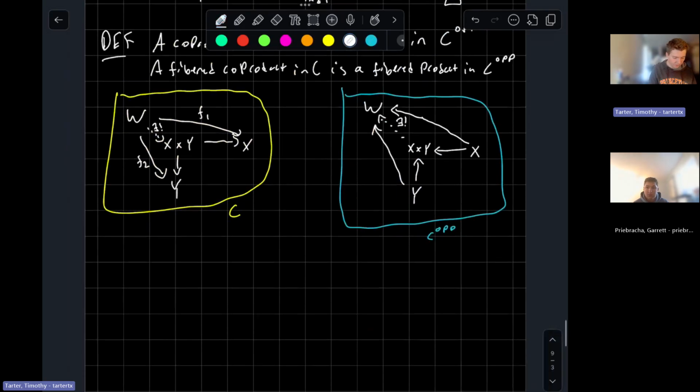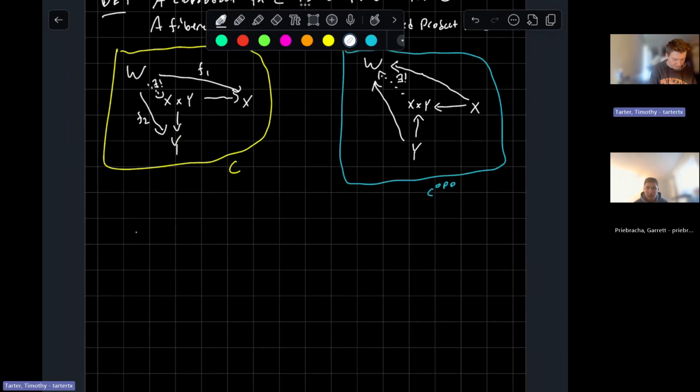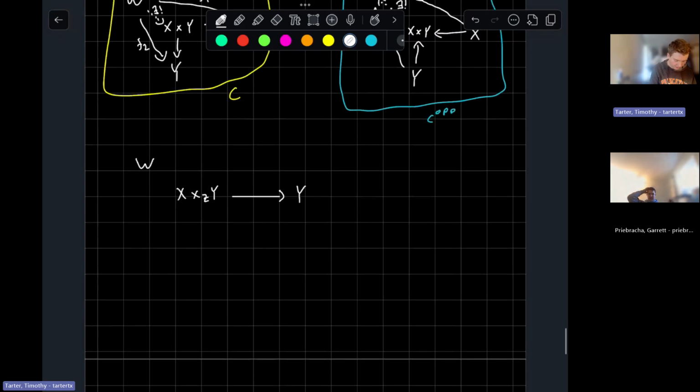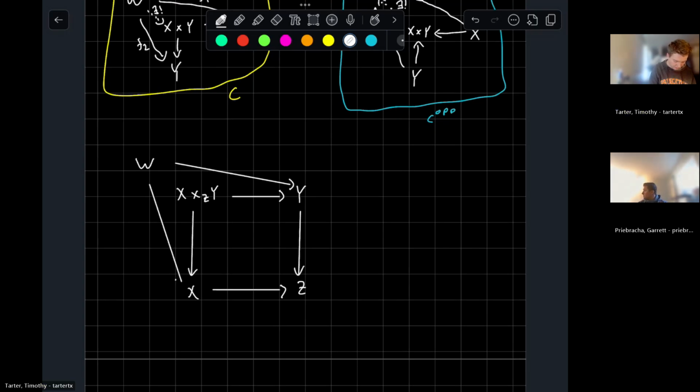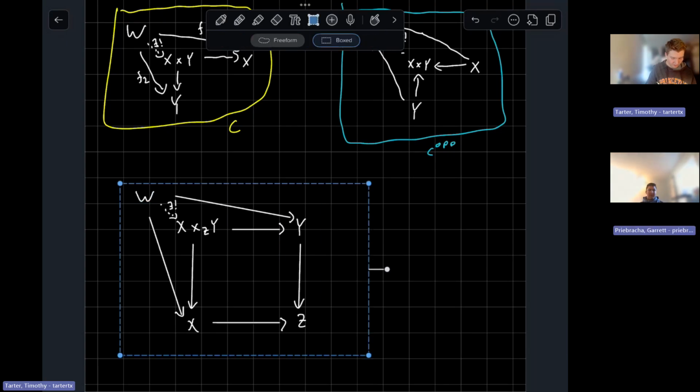And then a fibered coproduct is defined by the diagram with X, Y, and Z, with a unique factorization.